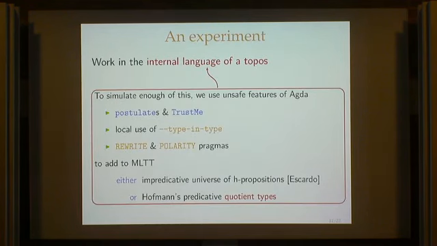So what are the unsafe features that we use? We have to make Agda act like it's the internal language of the topos. Don't need to do that completely, but there are two kinds of approaches. Agda itself doesn't have any impredicative universe of propositions, so you can fake one in various cunning ways.